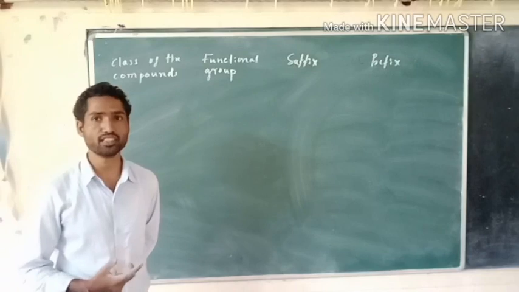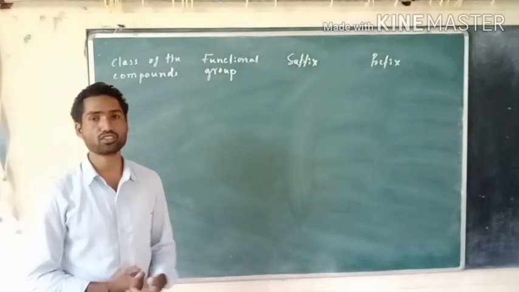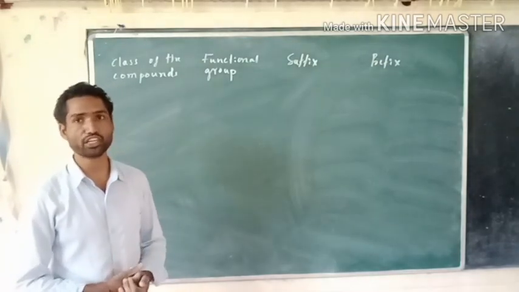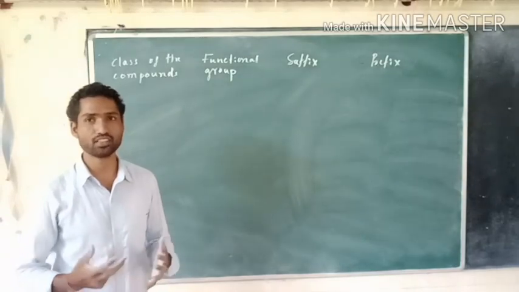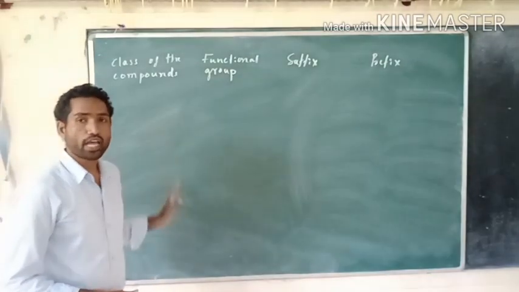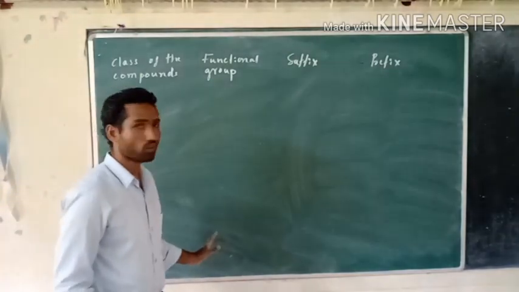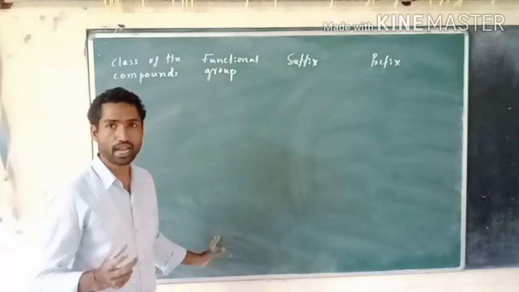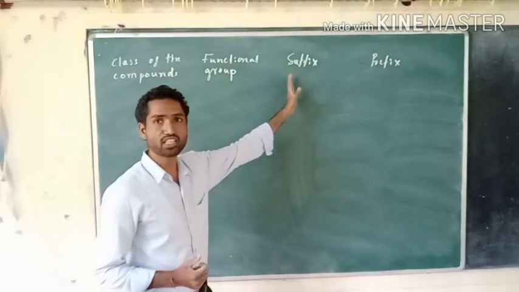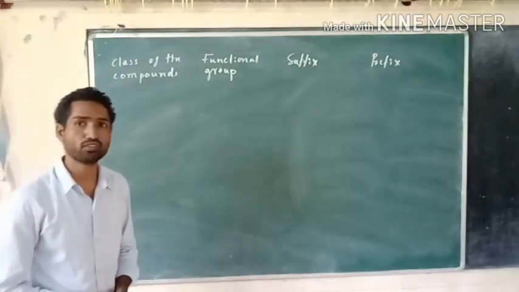How to choose only one functional group as the main functional group and the others as substituents is based on the priority rule, which is decided by the IUPAC community. So according to the priority rule, I am going to write the class of the compound and functional groups, the group of atoms used for that class of compound, the suffix name, and the prefix name that we have to use for a particular functional group.